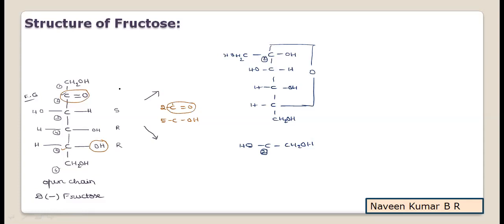Now this double bond O is reduced to OH by interacting with the fifth carbon's hydroxyl group. It's the same as glucose, but instead of the aldehyde carbon, here the second ketone carbon is interacting.